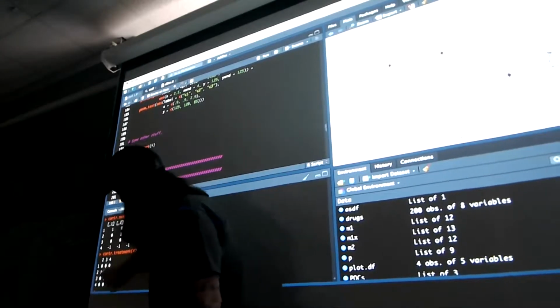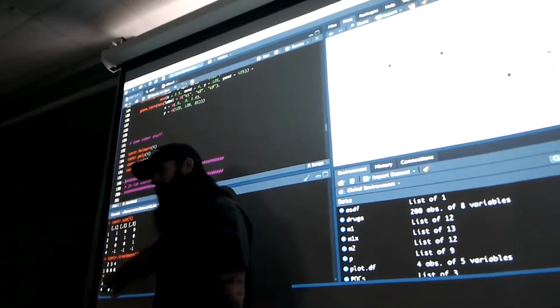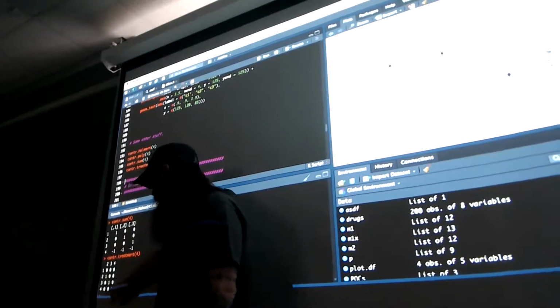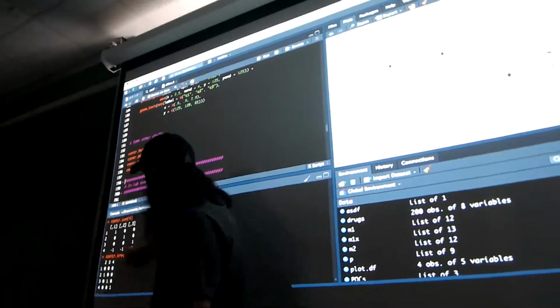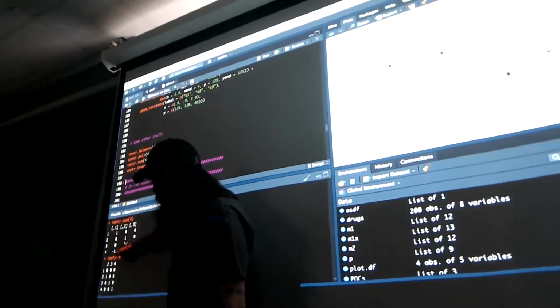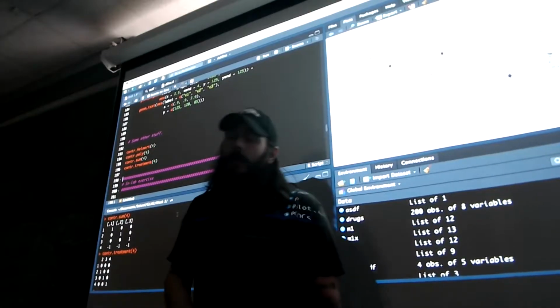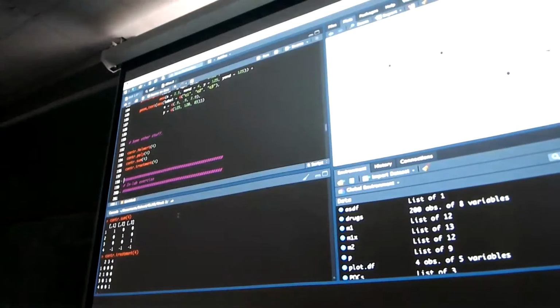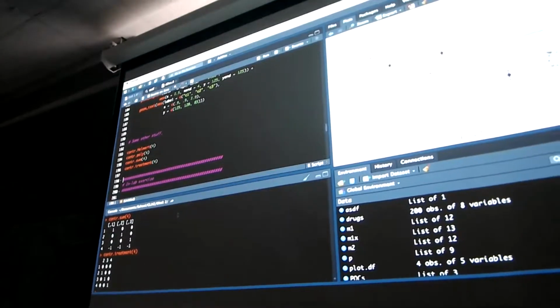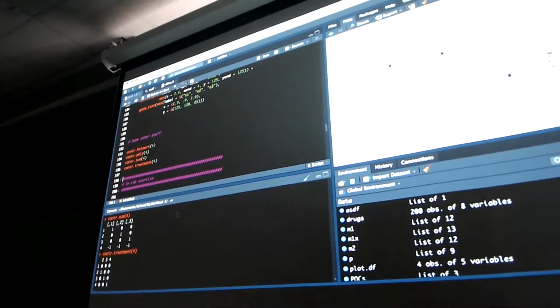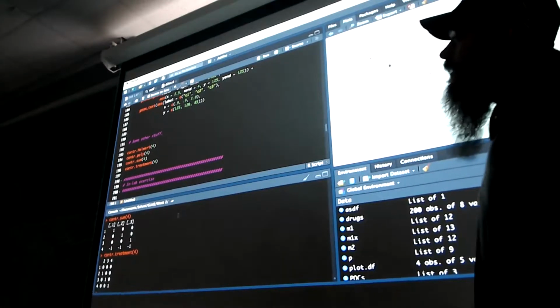So where this one, you compare group 2 to the average of all the others, group 3 to the average of all the others, group 4 to the average of all the others. And this one, you're comparing group 1 to group 4, group 2 to group 4, and group 3 to group 4. So again, it just depends on what the question is that you're trying to answer as far as which one would be most appropriate.